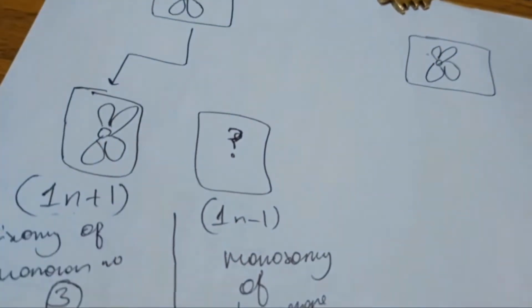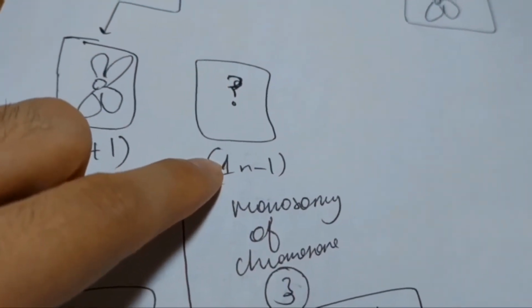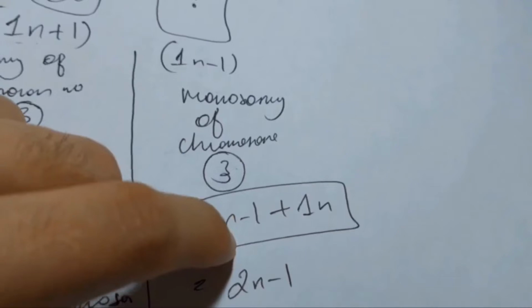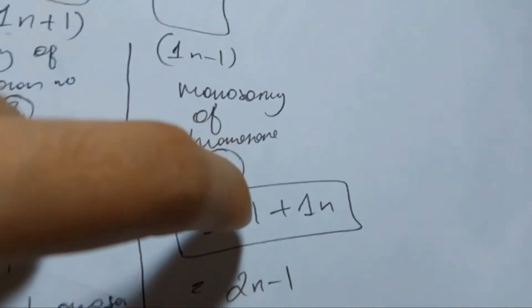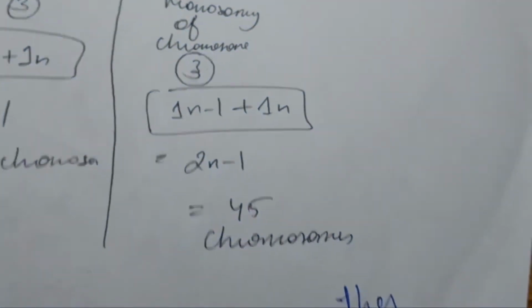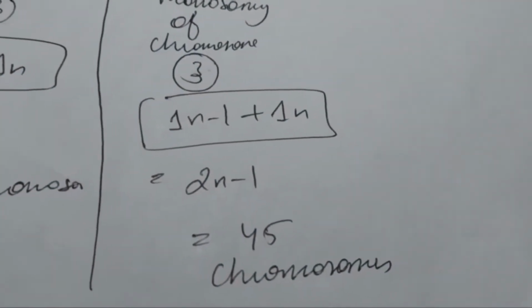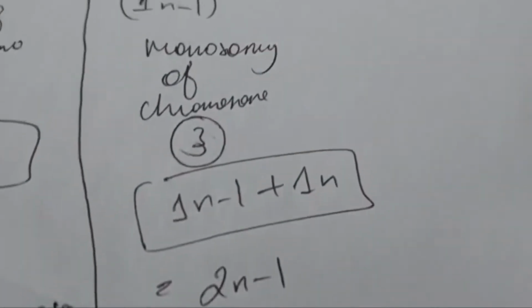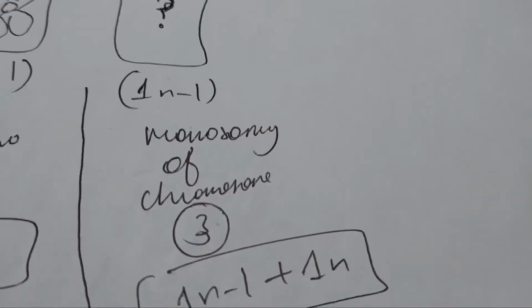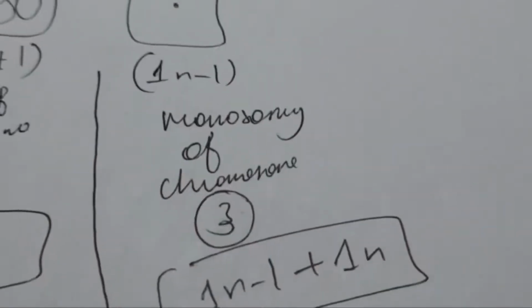Whereas the gamete which didn't get the copy of chromosome number 3 has the configuration 1n minus 1. So this 1n minus 1 sperm cell plus a healthy ovum, 1n, is going to form 2n minus 1, that is, the total number of chromosomes is going to be 45, which is again aneuploidy because it is not a direct multiple of 23, and this zygote will have only one chromosome number 3, so it will suffer from monosomy of chromosome number 3.